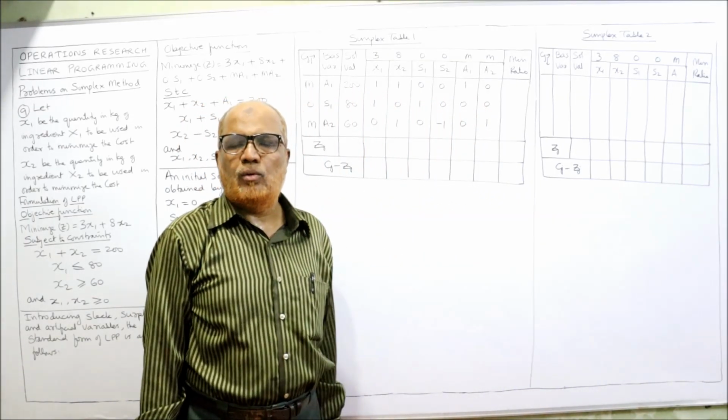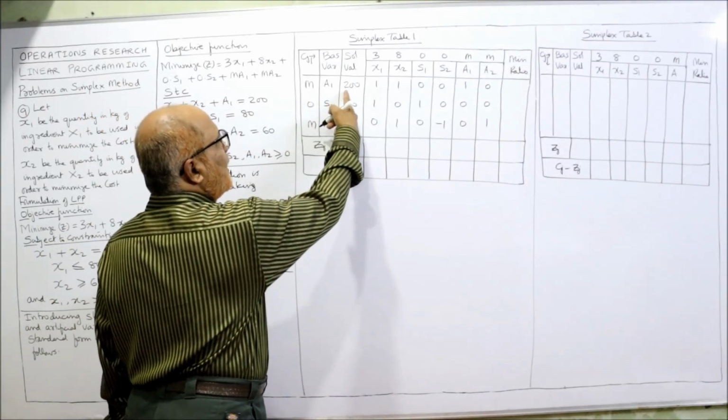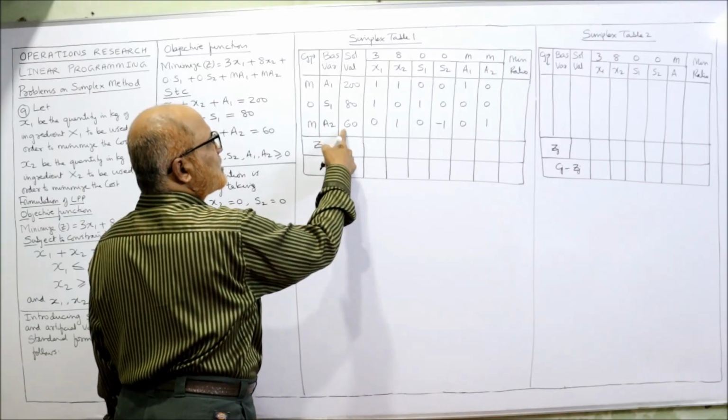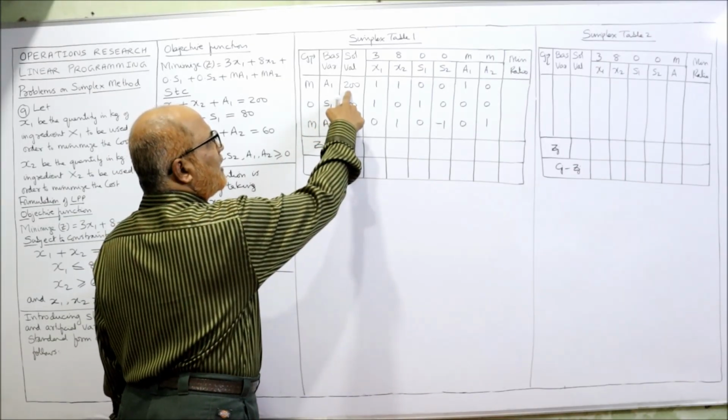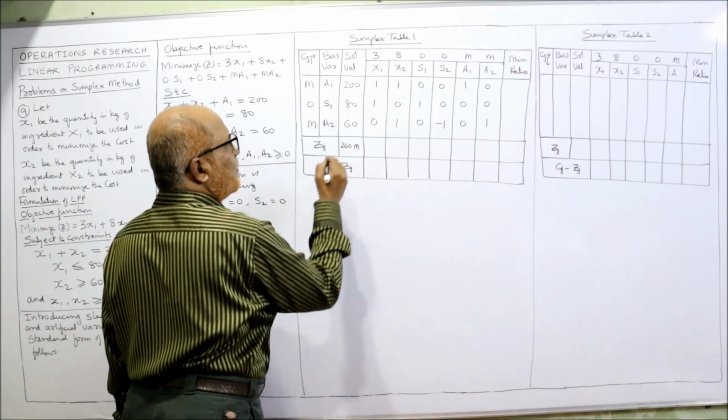Now the Zj value. Multiply the Cj with the values. So 200 into M is 200M, plus 0 into 80 is 0, M into 60 is 60M. So 200M plus 60M is 260M.